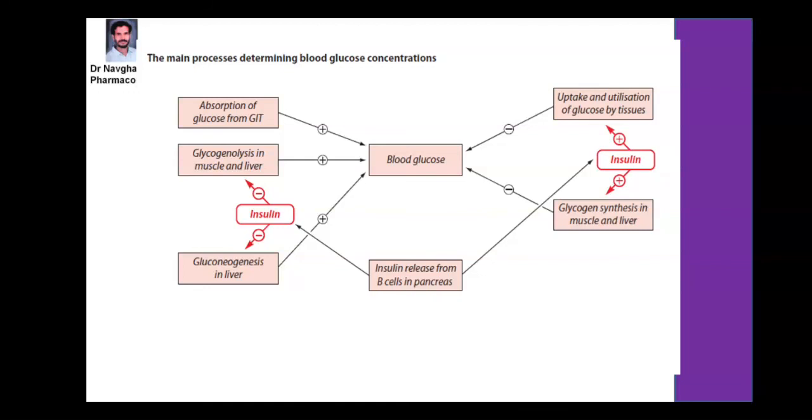On negative sign, insulin decreases glycogenolysis in muscle and liver, and in liver it suppresses gluconeogenesis, whereas glucose production is suppressed from liver, and uptake of glucose in skeletal muscle is increased by the insulin molecule.